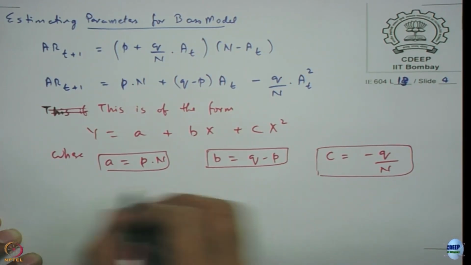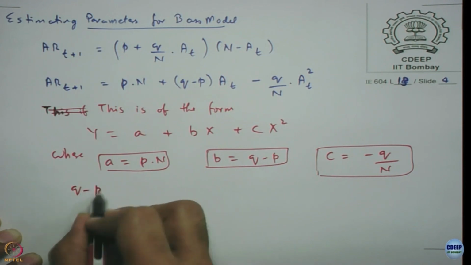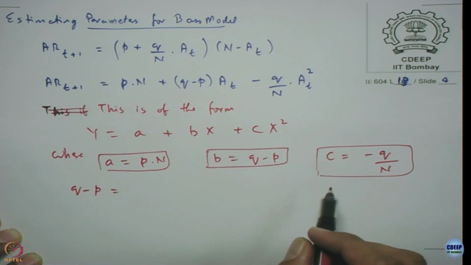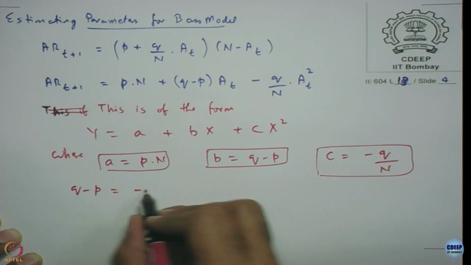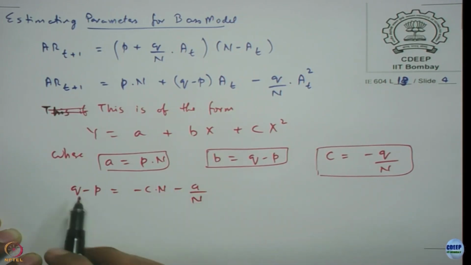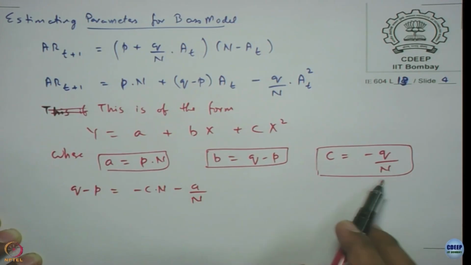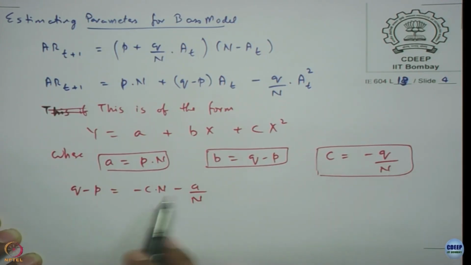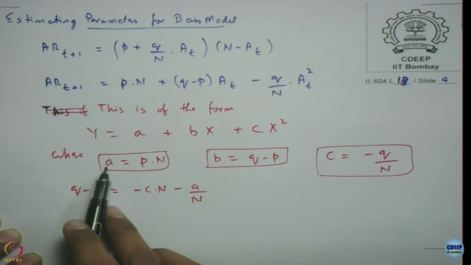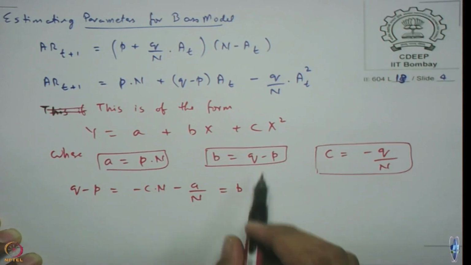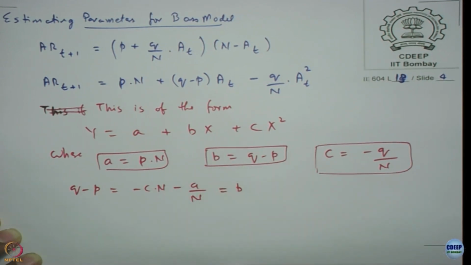To go one step further, we can write this, for example, Q minus P is nothing but, what is Q? Let us take Q from here, which is nothing but minus C into N, and P is equal to A by N, which is coming from here. Q minus P is equal to B, which comes from here.